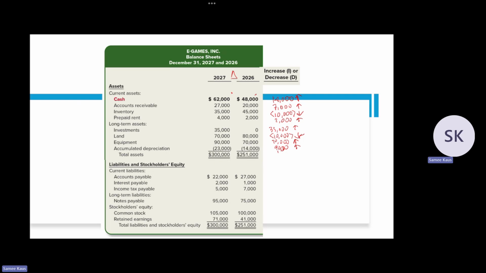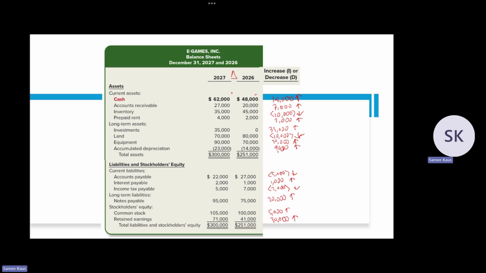Now we just have to do our liabilities and our stockholders' equity. So current liabilities, my accounts payable went down by 5. My interest payable went up by 1,000. My income tax payable went down by 2,000. My notes payable went up by 20,000. My common stock went up by 5,000. And my retained earnings went up by 30,000.